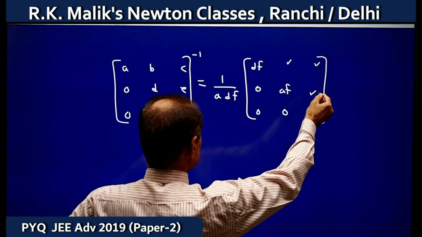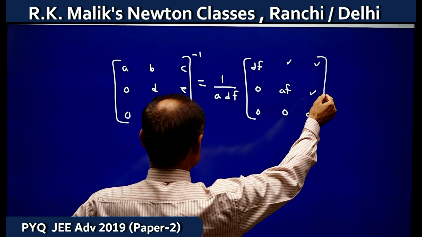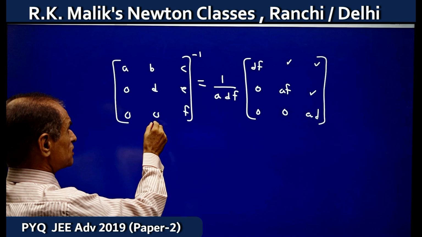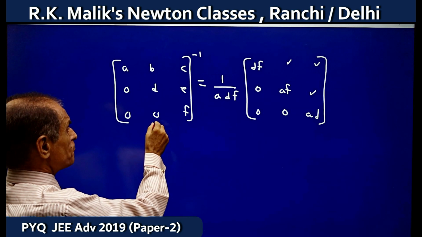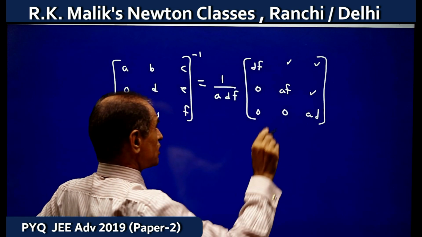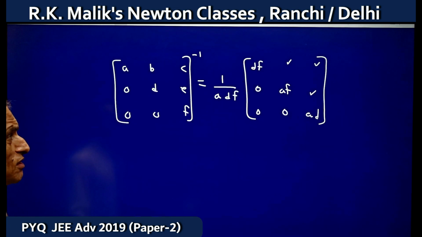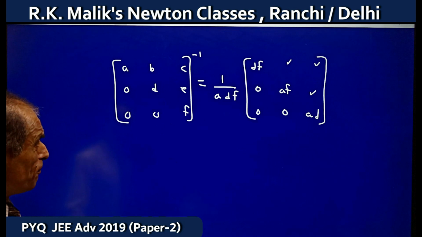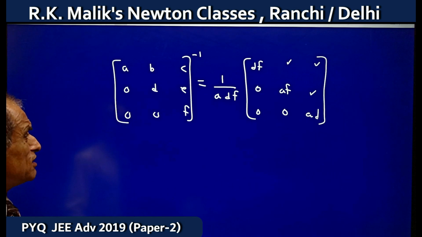And to find the element at this position, you will find the cofactor of this element, that is it will be minus AE. Hence, if these three are known to you, you have got the inverse of a triangular matrix. Presently, I have told you how to find the inverse of an upper triangular matrix. Similarly, it is very easy to find the inverse of a lower triangular matrix.